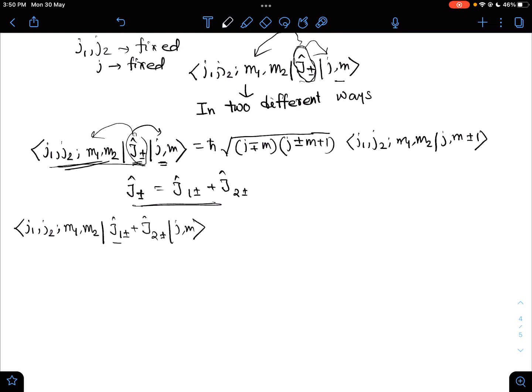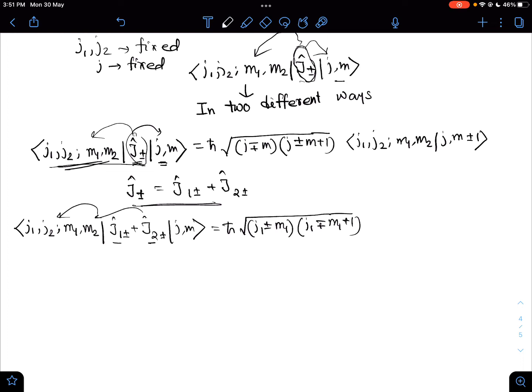Now this will act on this and this will act on this. So we will get ħ root under (J1 ± M1)(J1 ∓ M1 + 1). What will be the state?